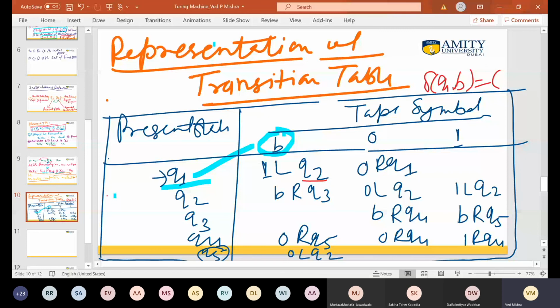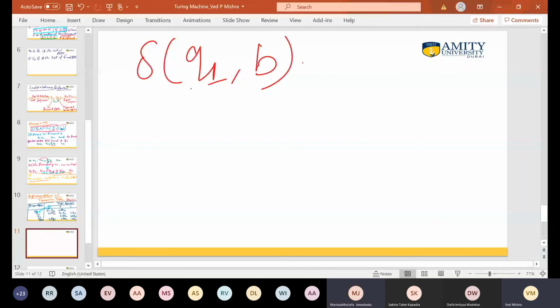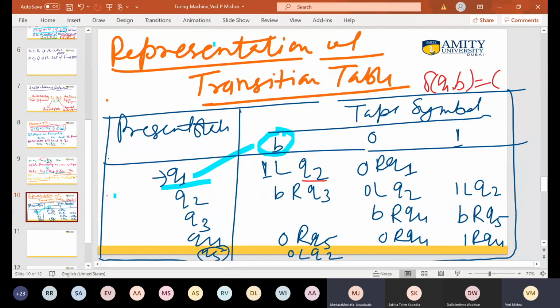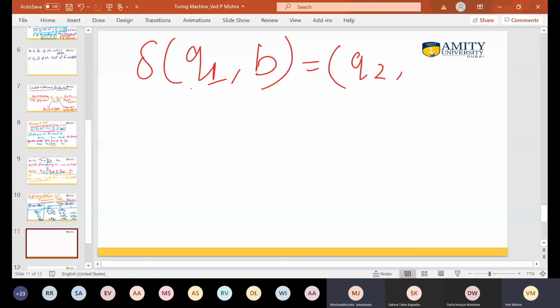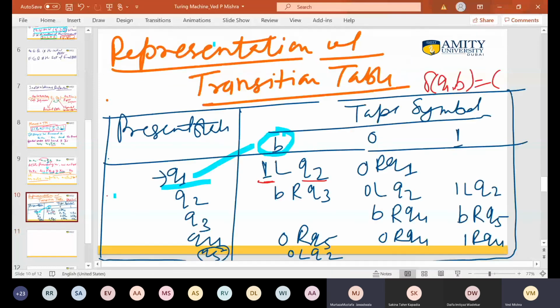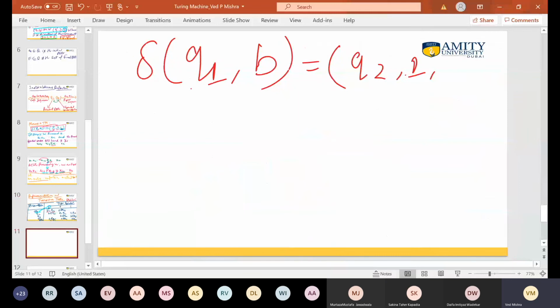So it equals Q2, and B is becoming 1, and it is going left. So you write it like this.